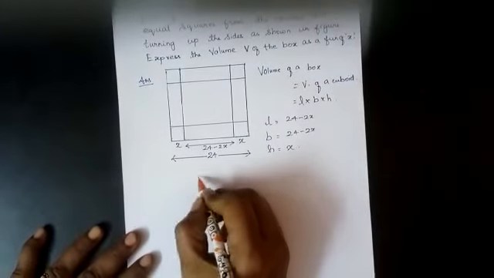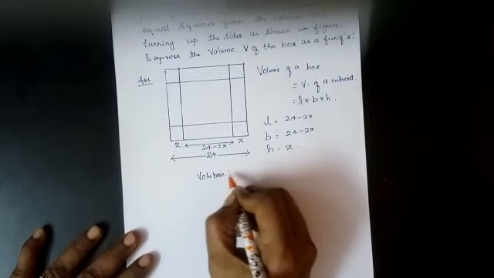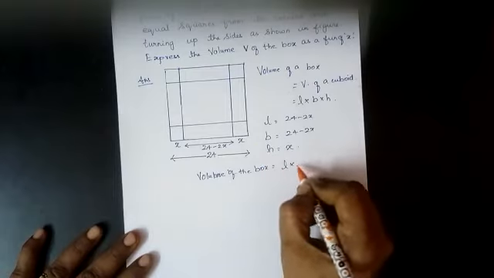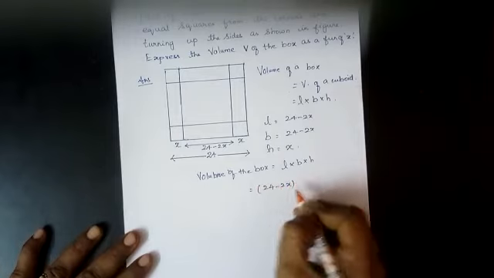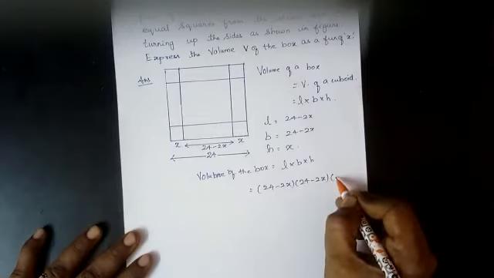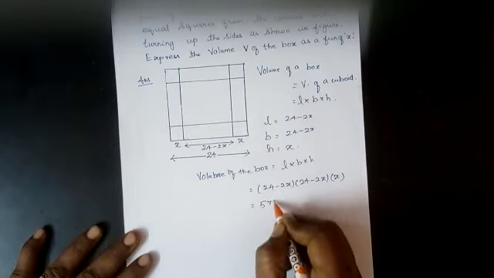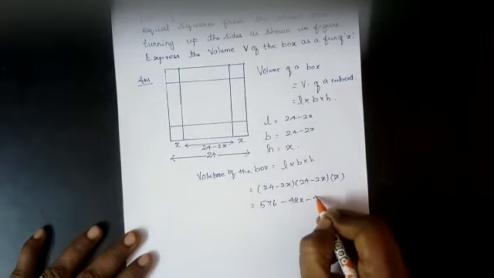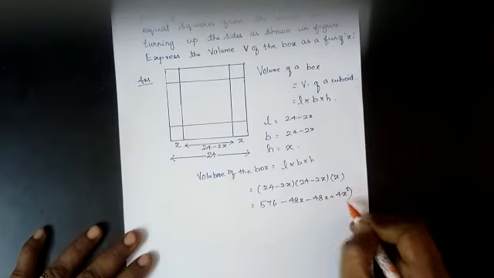So the volume of the box is equal to L into B into H. L is 24 minus 2x, into breadth, which is 24 minus 2x again, and H is x. So the product will be 576 minus 48x minus 48x plus 4x squared, into x.